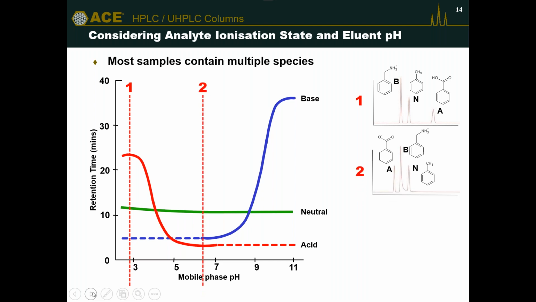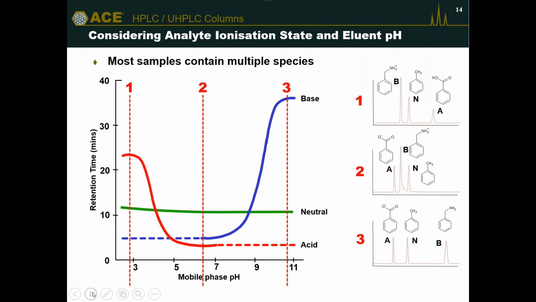If you move to intermediate pH, you can see that the elution order now changes. So our acid is poorly retained and comes out early. Our basic compound comes out next, and our neutral comes out at the end. Then when you move to high pH, you get great retention of your basic compound. See, it elutes last.